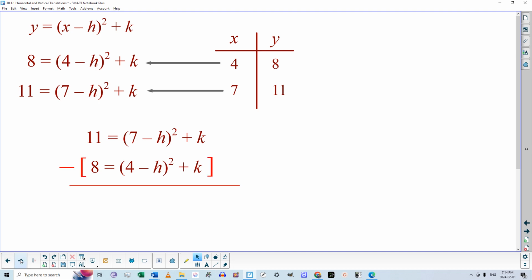The reason is that I notice in one of the equations there's a k, and in the second equation there's a k. So if I subtract one equation from the other, I will not get any k's in the result, which is very nice because that means we're going to get an equation that has h in it, but not k, and we can solve that equation for h.